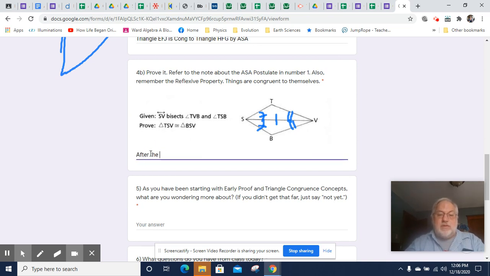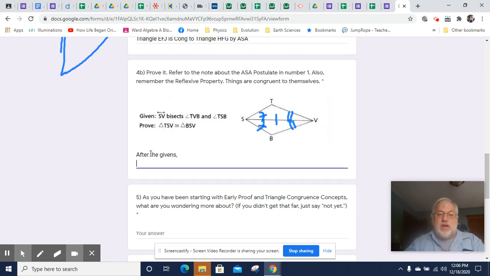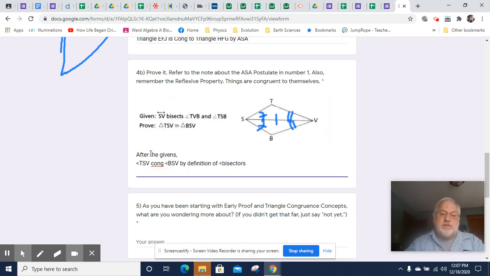So after the givens, we can say angle TSV is congruent to angle BSV by definition of angle bisectors, and then angle TVS is congruent to angle BVS by definition of angle bisectors.